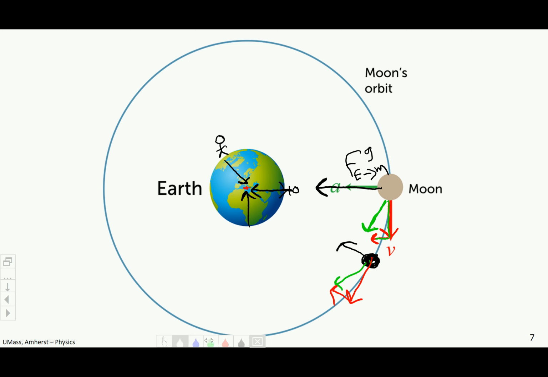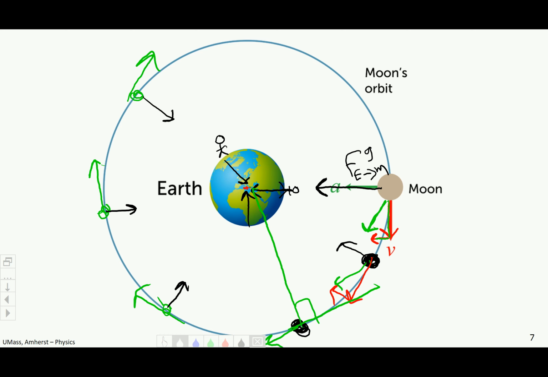So at the next instant in time, the moon, say, is over here, our velocity vector, our green vector from over there, now points this way, and it is still perfectly at right angles. So we keep doing this over and over again, and every time we have some tangential velocity that is perfectly perpendicular, and our force still points directly towards the Earth.